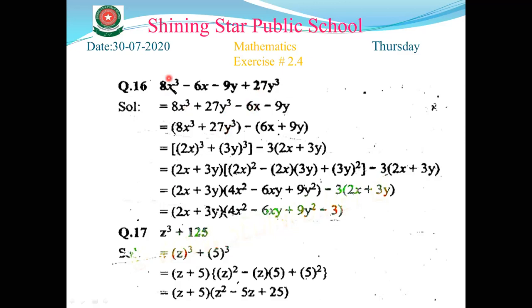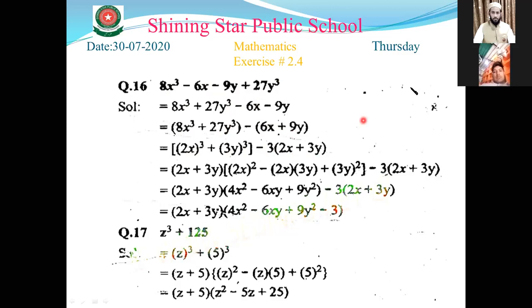The second and third terms we combine together. So 8x cube is 2x whole cube plus 3y whole cube minus, now take the common 3 from these two terms. When we take the common 3, it becomes 2x plus 3y.